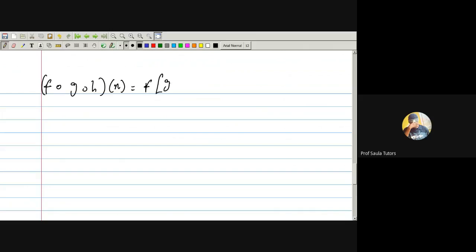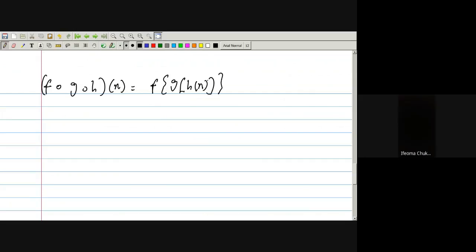Like you're asked to find f of g of h of x. That is, you have to put h inside g, then everything you now put inside f. All together? Yes.